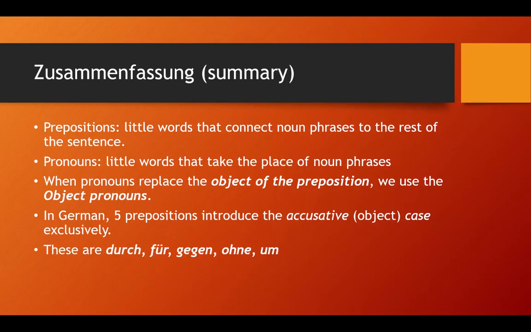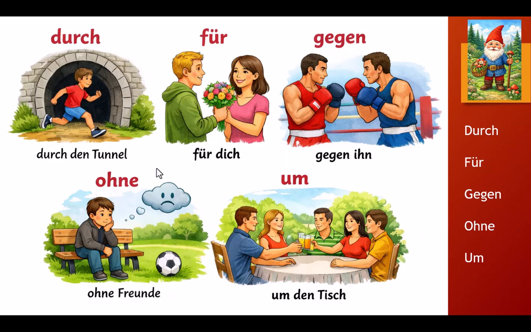These are durch, für, gegen, ohne, and um. And so we have durch den Tunnel, für dich, gegen ihn, ohne Freunde, and um den Tisch, around the table, against him, for you, through the tunnel, and without friends.